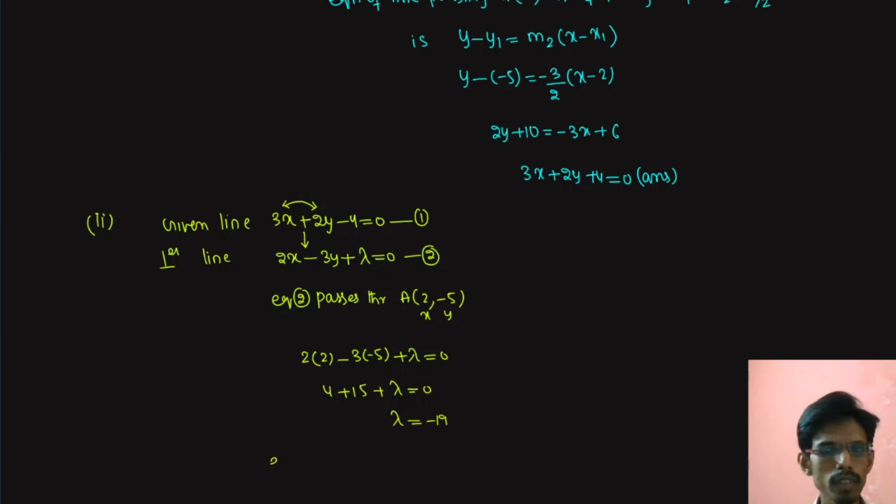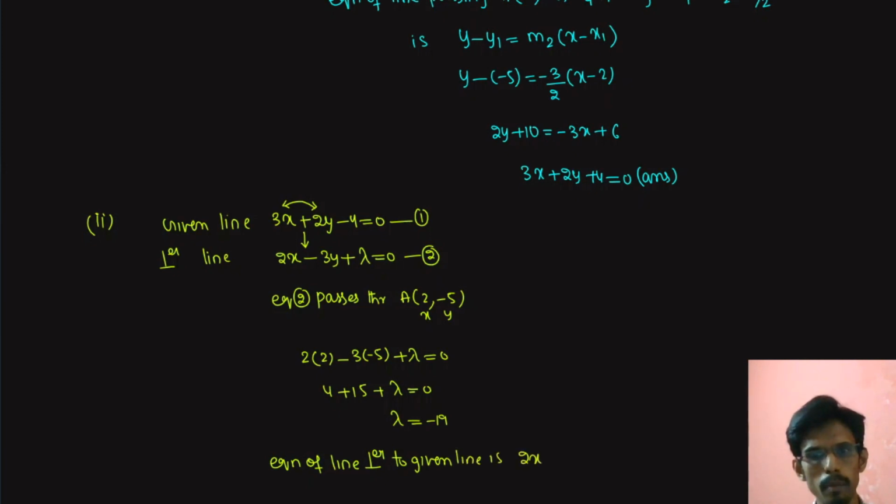Hence the equation of the line perpendicular to the given line is 2x - 3y - 19 = 0. This will be the answer.